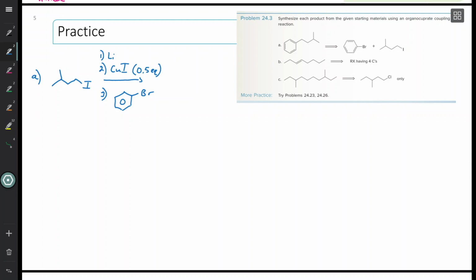That is how I would synthesize. Then the product to this would be right here, right? So this carbon is bonded to that carbon. And that's the new carbon-carbon bond that we're forming. So I'll post the rest of these in the notes.